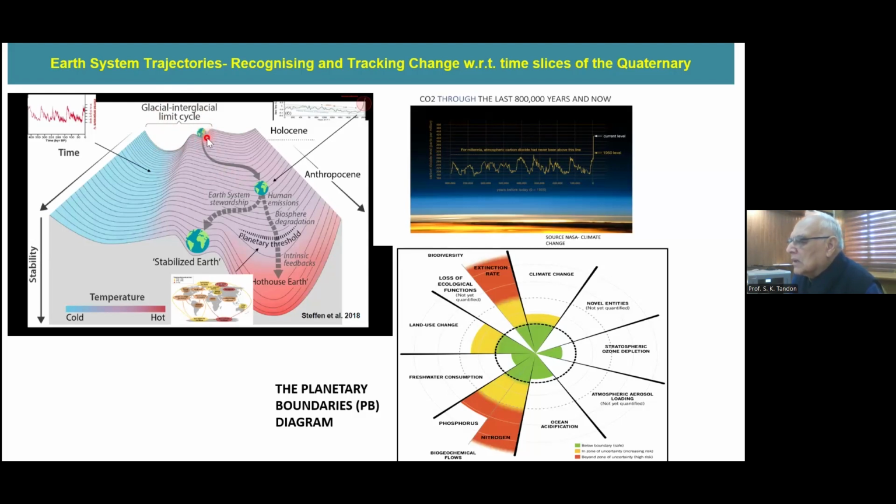This is a diagram from Bill Steffen again, and then it requires, with human emissions, the way things are going, and a temperature of 2 degrees, human emissions in terms of carbon dioxide and methane, we want to move from there to bringing the Earth back. I mean, we have already moved out of there actually, right? So we've crossed this hump and we want to place it here.